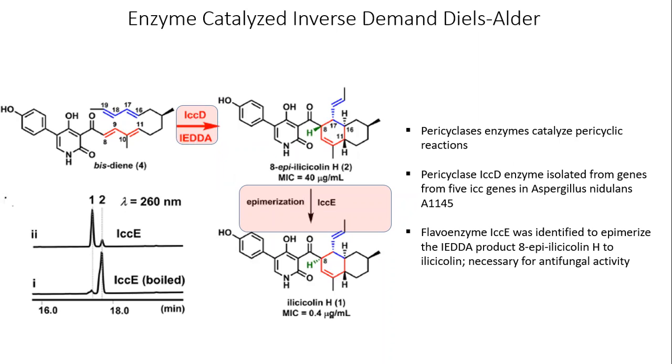They did a really clever experiment where they did the reaction with all the other enzymes. Then they did them with each one separately, and then they added in the ICCD enzyme, and they found out that this particular enzyme right here does the inverse electron demand Diels-Alder. And then another enzyme within that 5 enzyme cassette was the ICCE enzyme.